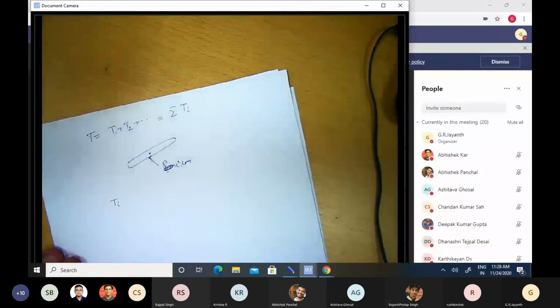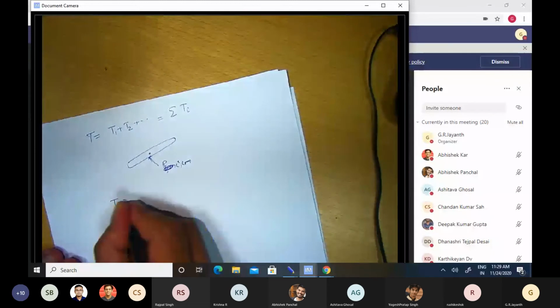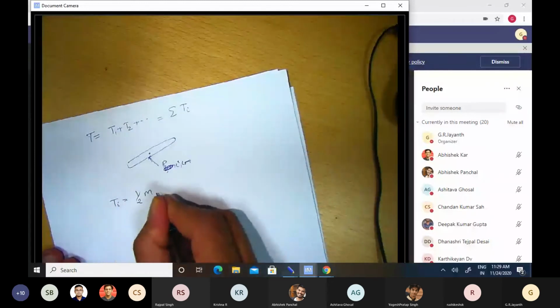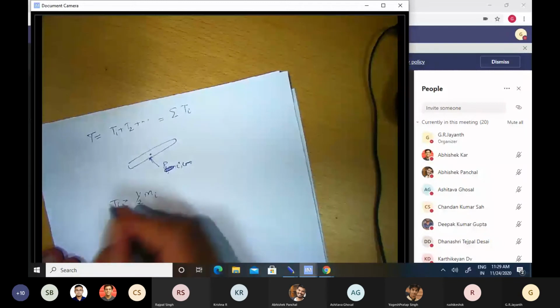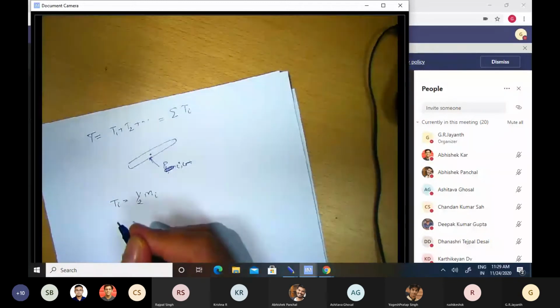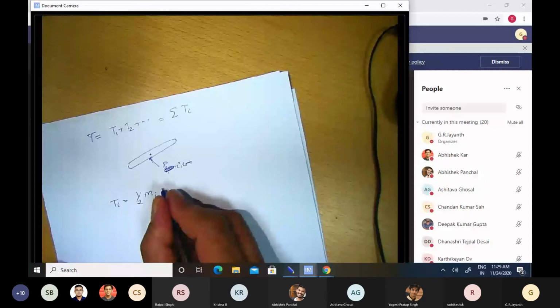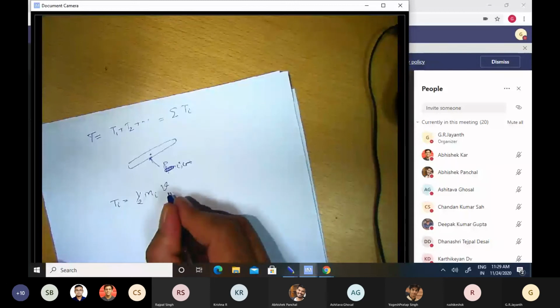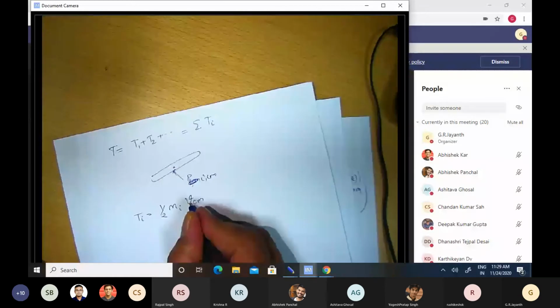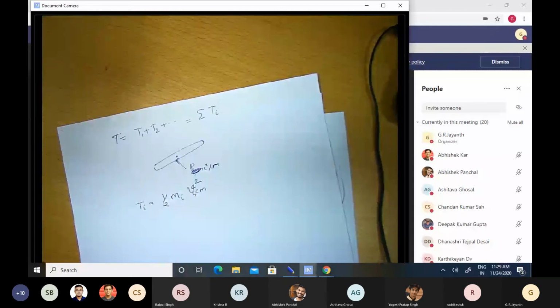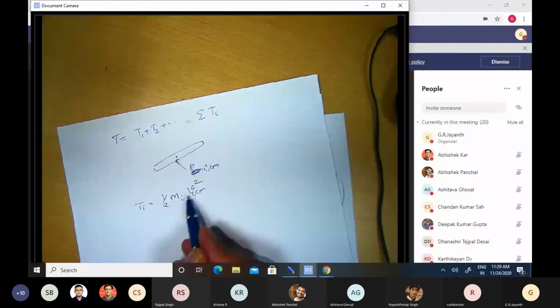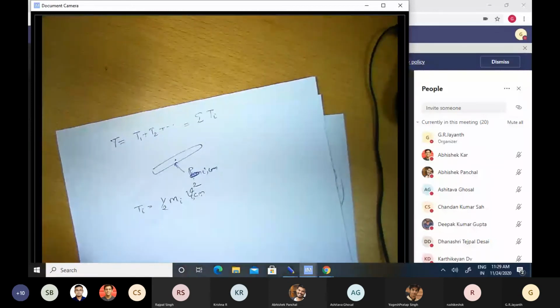I'll call that T subscript i. That is equal to half of the mass of this, which is m_i, times the velocity of this. The absolute velocity of this, not the relative velocity. So that's going to be equal to V_i,CM squared. Whether this absolute velocity is represented in the body coordinates or in the inertial coordinates is irrelevant, as we discussed, because the magnitude of this vector will remain the same.